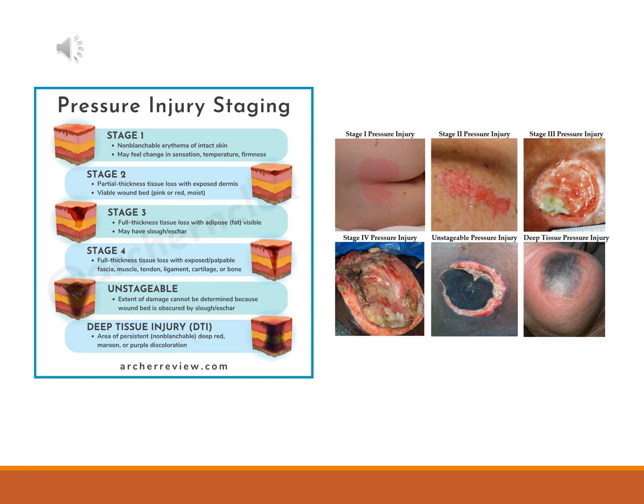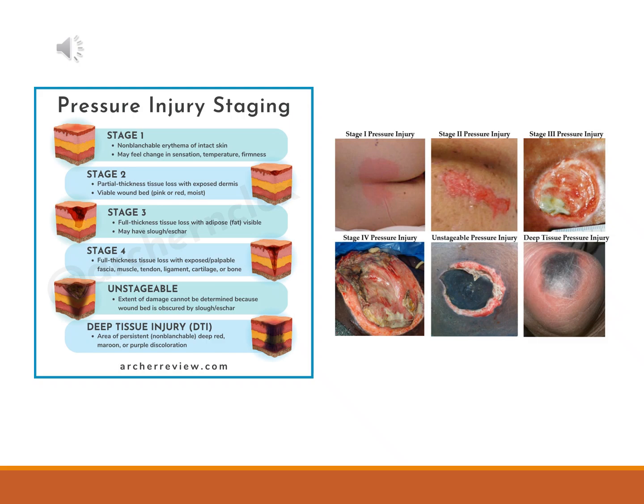For your next area, the bottom middle, this is called an unstageable pressure injury. There is an eschar right there in the middle. That is that black layer of skin, actually black or dead skin, and so we can't fully see the full depth of the wound.